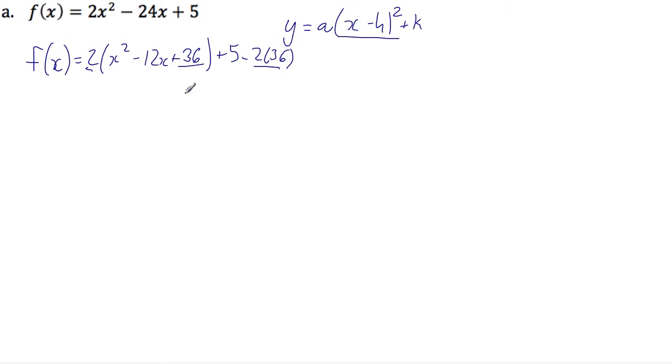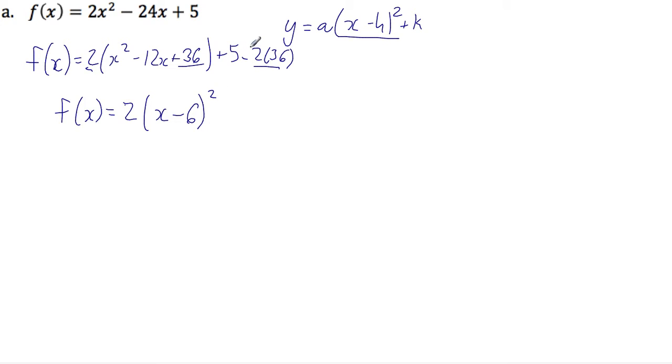So I'll write that there. And now I have to factor this, but because I know it's a perfect square trinomial, because I did b divided by 2 squared, I know the factor is going to be a binomial squared. So I still have the 2 out front. I have the square root of the first term, which is x, the sign of the second term, which is minus, and the square root of the last term, which is 6, and that's squared.